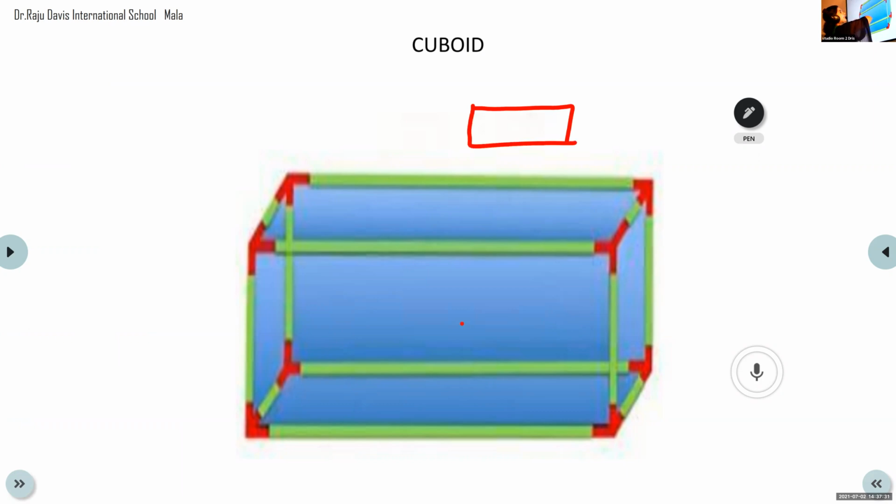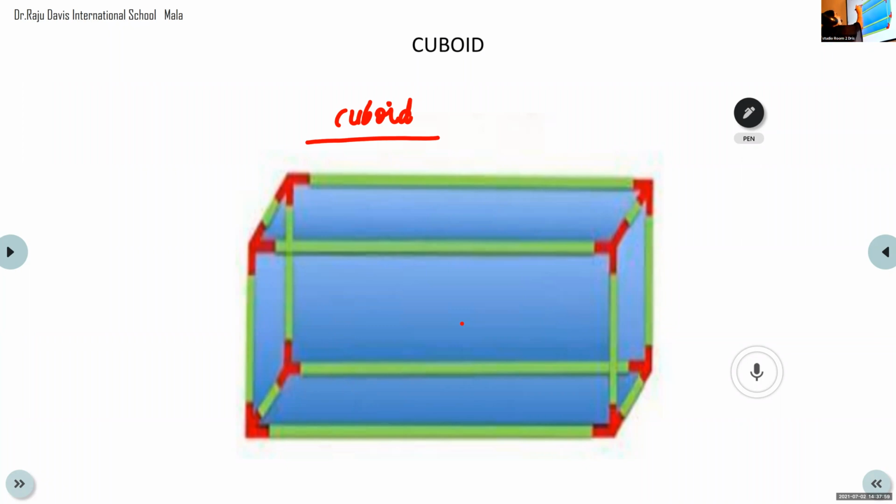But is it like that? Then what is the shape? Yes. Cuboid. Okay. So this shape is cuboid.